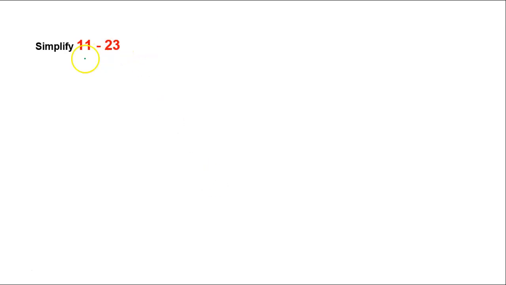This question asks us to simplify 11 minus 23. In this case, the 11 is positive and the 23 is negative. Their signs are different. So we have positive 11 and negative 23.